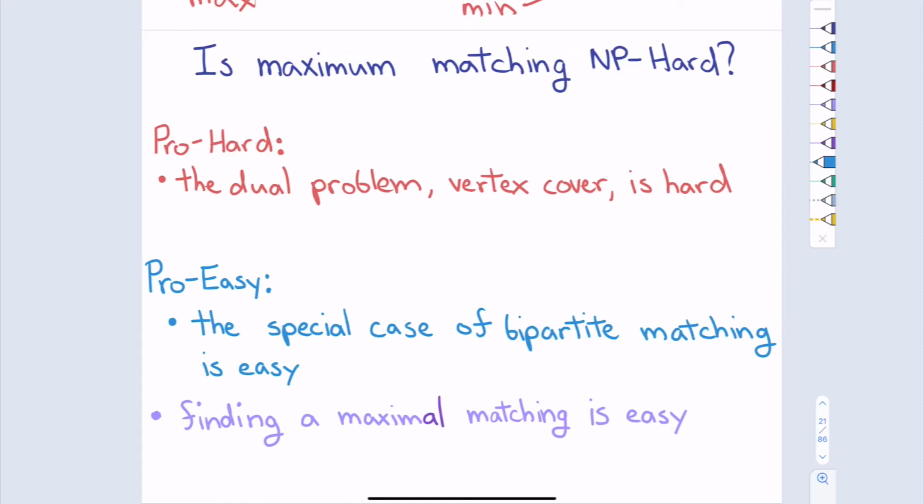Although vertex cover is the dual problem, and we've shown it to be NP hard, it doesn't actually imply that the primal problem, matching, is NP hard, and the question is why?